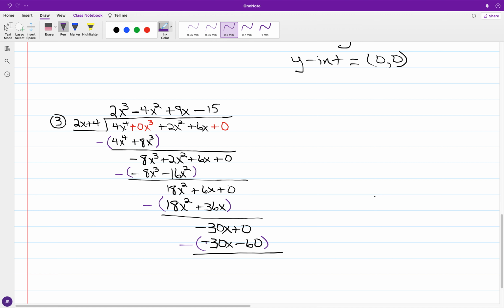Okay, so we have negative 30x and plus 30x. That cancels out. 0 minus negative 60 is going to translate to 0 plus 60. So that is going to be 60. And I cannot take 2x directly into 60.